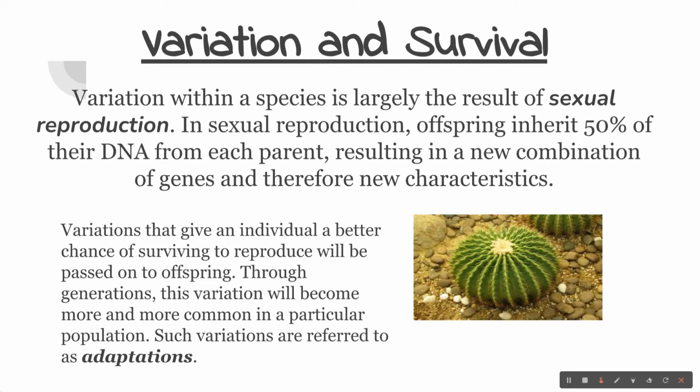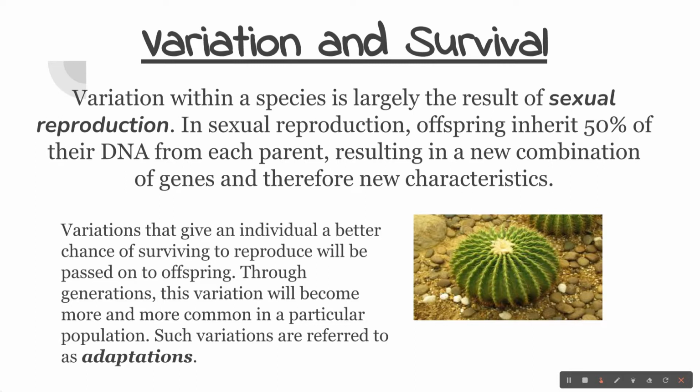In sexual reproduction, offspring inherit 50% of their DNA from each parent, resulting in a new combination of genes and therefore new characteristics. Even if you look at your siblings, between your parents and you and your siblings, there are differences because you get 50% of each of your parents' genetics, and it's not going to be the same as your siblings. It'll be different based on which ones were passed down.